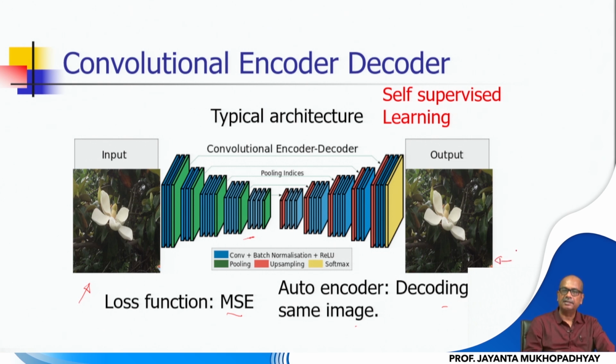So you are converting a gray level image into a colored image. That is also a kind of self-supervised learning, because you can always process a colored image into a black and white image and use that as the input and get the colored image. So given any arbitrary black and white image, you can get the colored image. These kinds of applications are also possible.